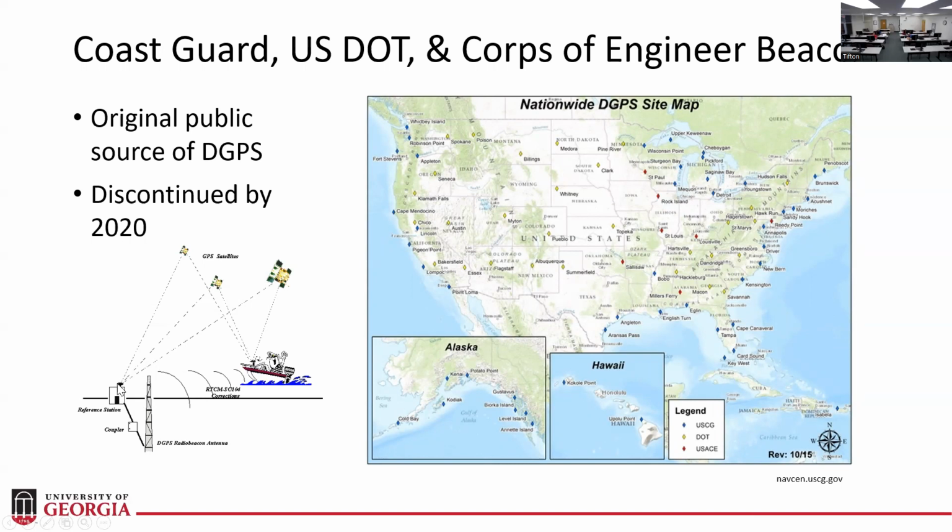So it's going to calculate that error equation that I told you, and it's going to broadcast that correction message to the GPS receiver on your boat, and you're going to be able to correct your position. So this is called the DGPS with beacon correction, but it was discontinued in 2020.